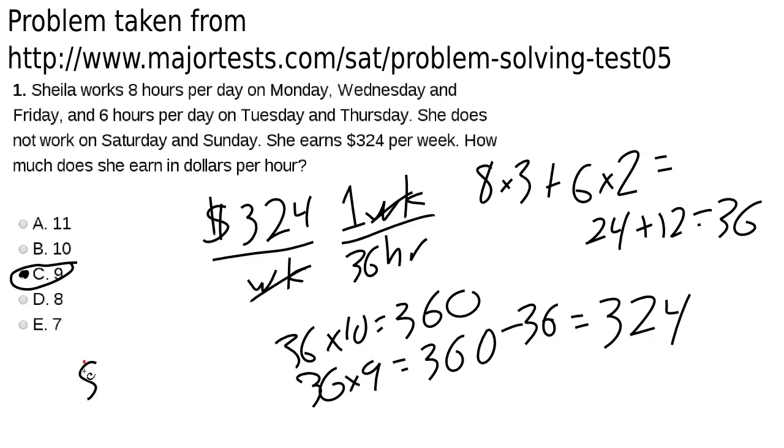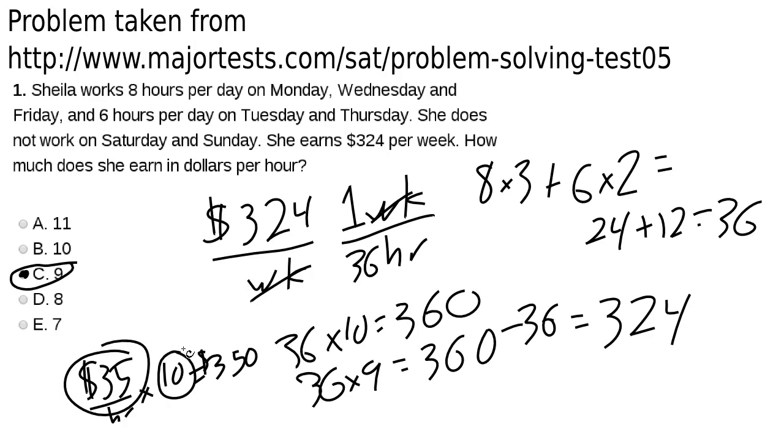If she was working 35 hours at $10 an hour, we'd get $350 for the week. But that 35 was a rough estimate.